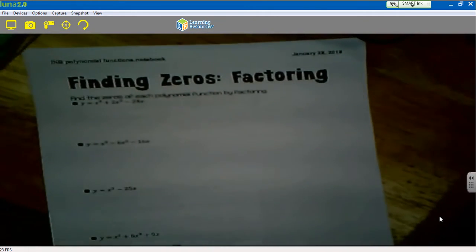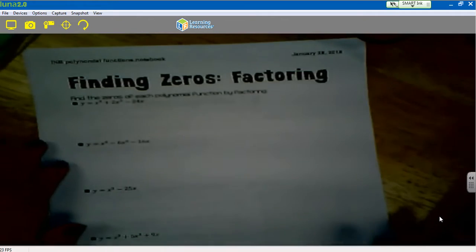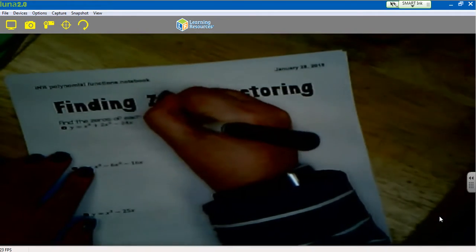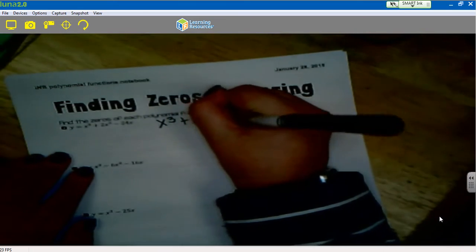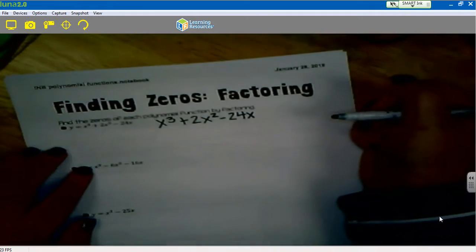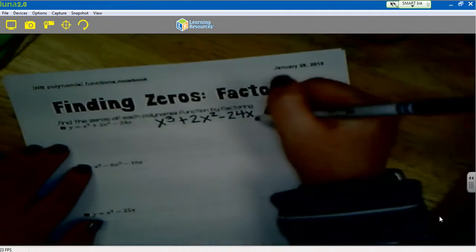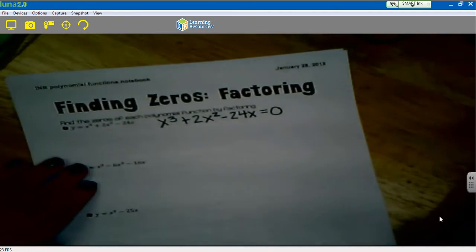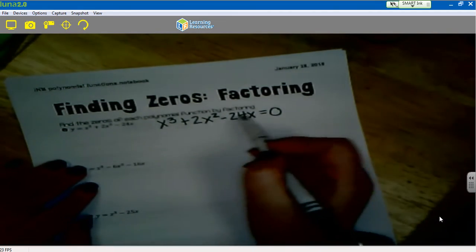So now let's take a look at finding the zeros by factoring. I know this is hard to see. This says x to the third plus 2x squared minus 24x. And because we want to find the 0, we're going to go ahead and set this equal to 0. Again, we have 3 terms here.